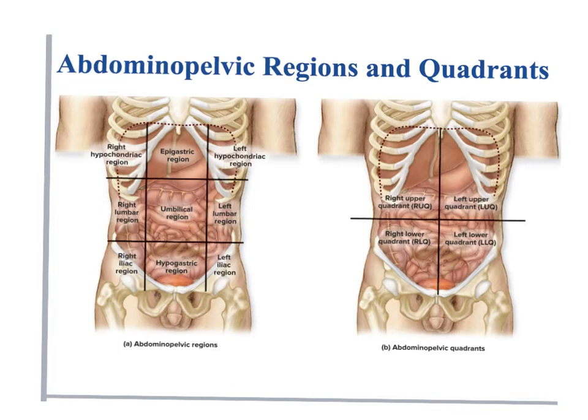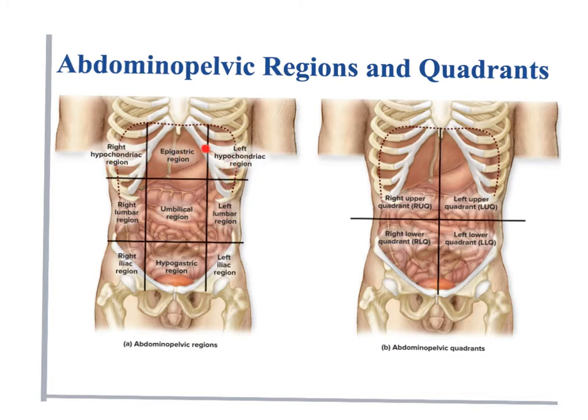Abdominal pelvic regions and quadrants. The abdominal pelvic area has a lot of organs, and we need a way to reference where things are on the surface. We use the quadrants, or this tic-tac-toe board, as I like to call it, the different regions, to determine where things are. So on the right side of the individual in the tic-tac-toe board, you have the right hypochondriac region, and on the other side, the left hypochondriac region.